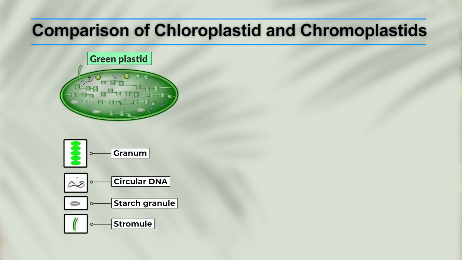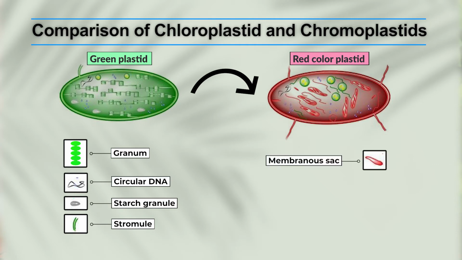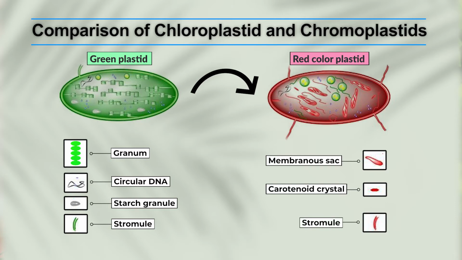What happens is, with the gradual degradation of the leaf, when the plant gets old, this particular chloroplastid is actually getting degraded into a red colored structure. There will be appearance of some membranous sac, there will be appearance of carotenoid, there will be disappearance of chlorophyll, and gradually there will be stromules appearing, and the content will be getting decomposed and the plant leaf ultimately will fall off.